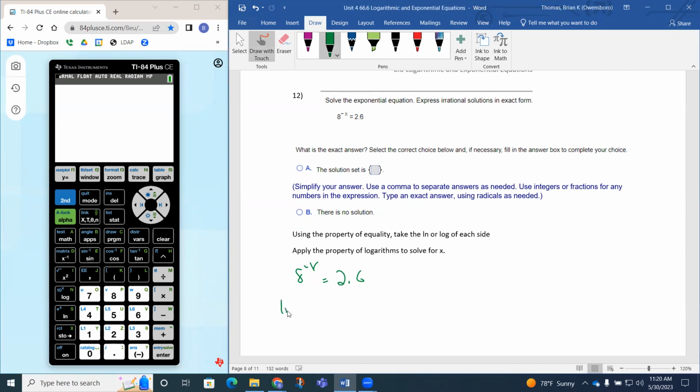So I'm going to take the natural log of 8 to the negative x. Again, you could use any log you want. I'm just going to keep it simple, natural log. And I'm going to have the natural log of 2.6 over here.